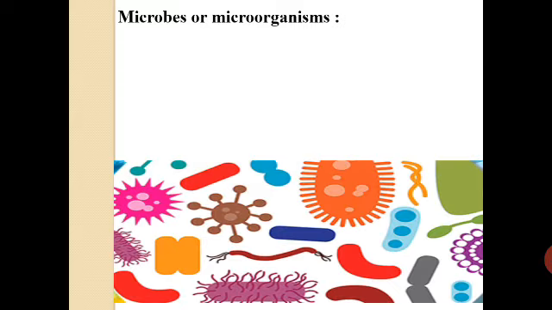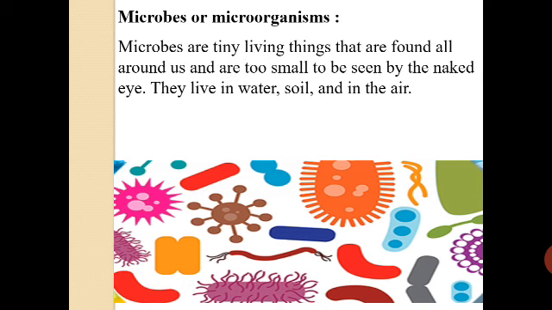So the definition you can see here, microbes are tiny living things that are found all around us and are too small to be seen by the naked eye, and that is clear to you, I think.